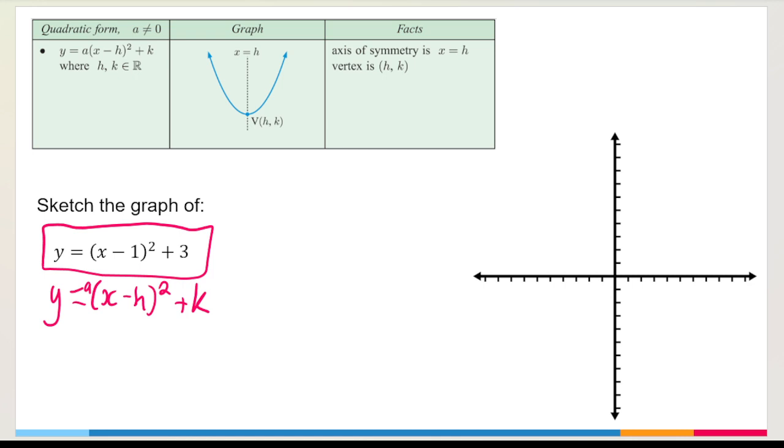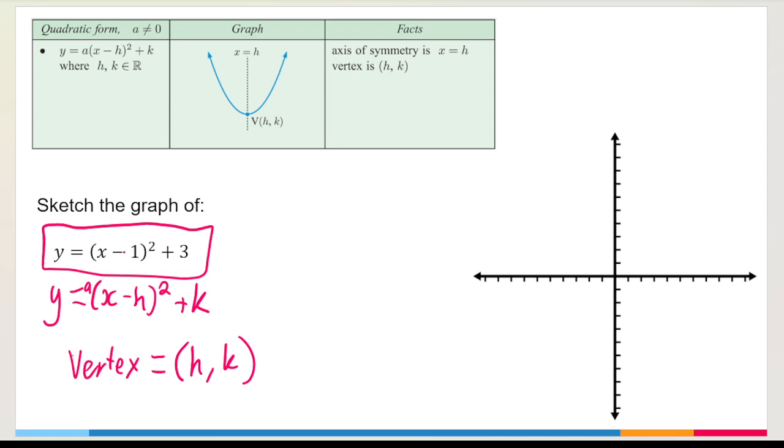So the vertex coordinates are at (h, k). So x is equal to h, y is equal to k. If we just take a second to go back to our transformations, you might be able to identify what's going on here.